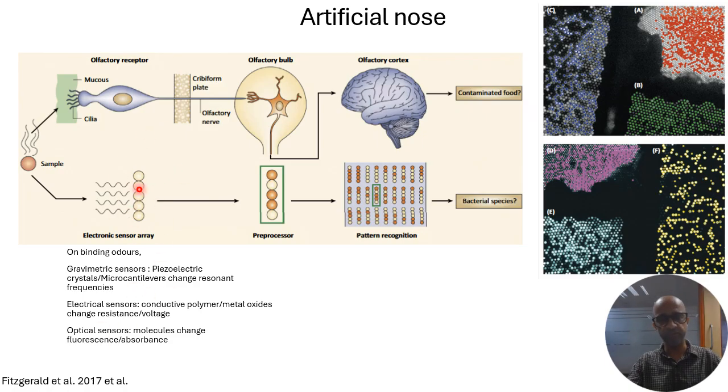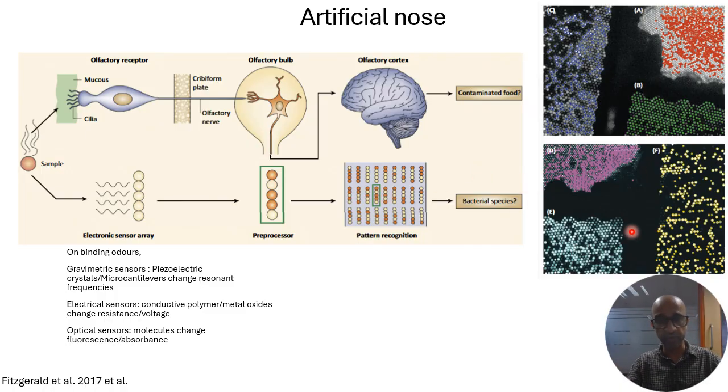Once you have that information, it can be passed on to some preprocessor that creates these different patterns of activity in response to different electronic sensor array sensors getting activated. And then you can do pattern recognition, saying that this particular configuration of sensors being active corresponds to this particular odor being presented, and therefore you have decoded the odor, right?